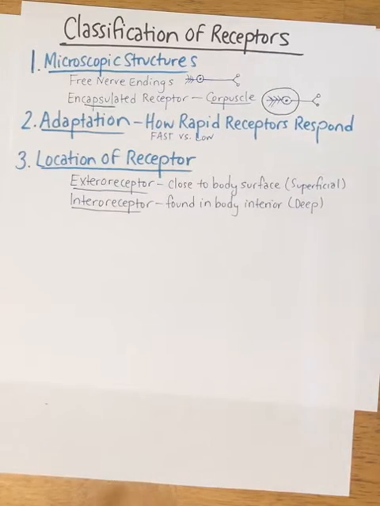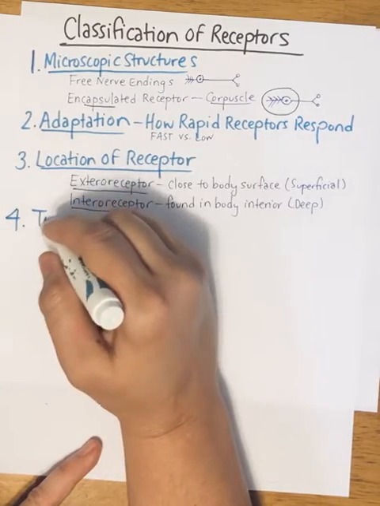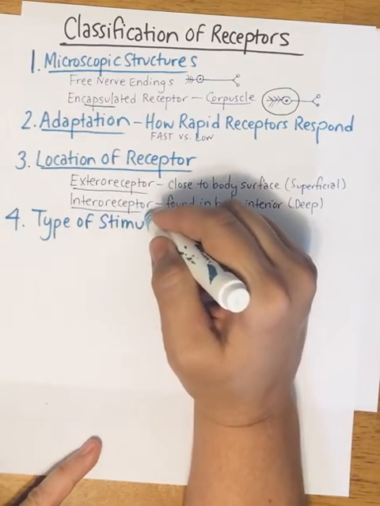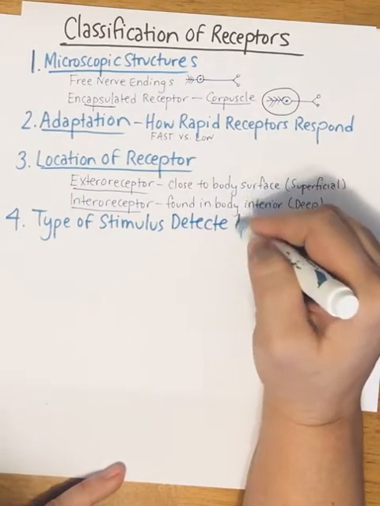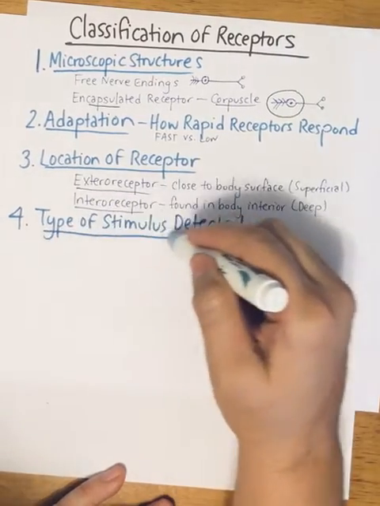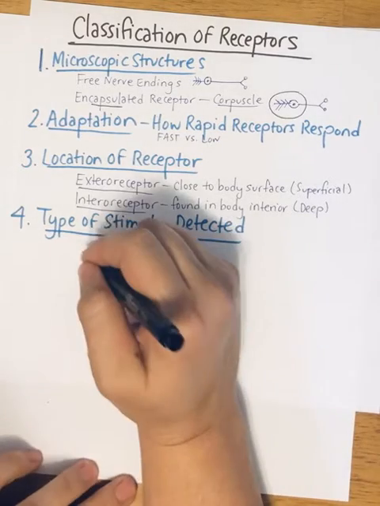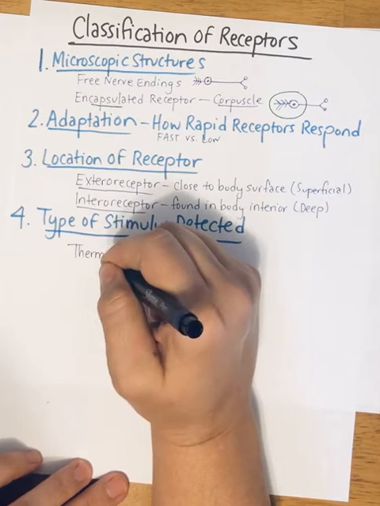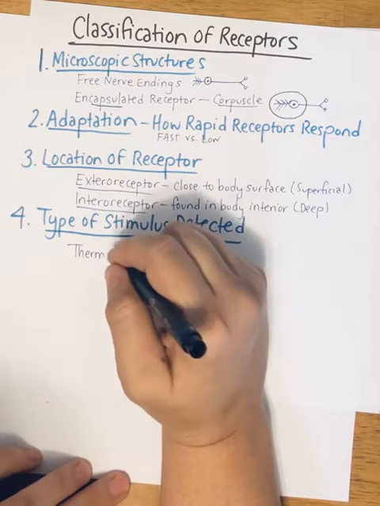Okay, the next type is the type of stimulus detected. We have a lot of these. So, the first type of receptor that we're going to talk about is thermoreceptors. Thermo means thermal.